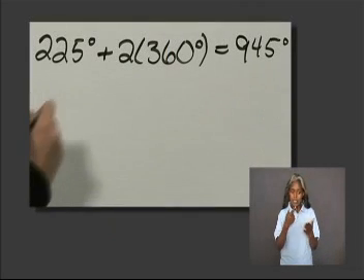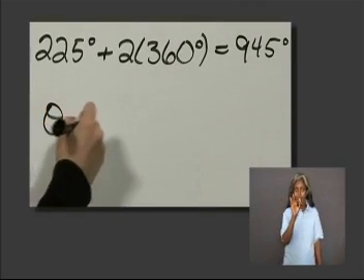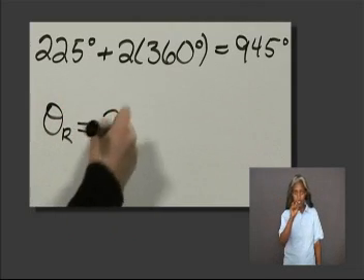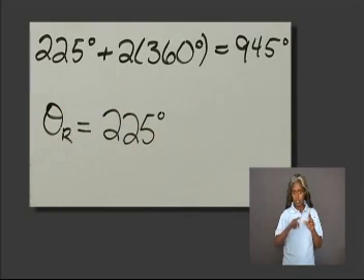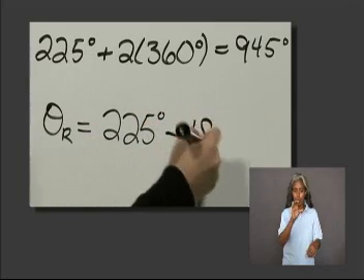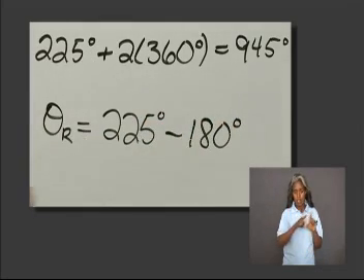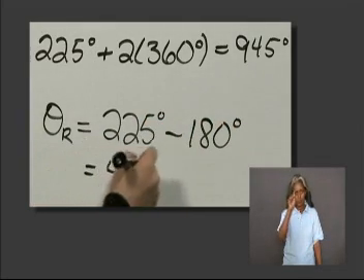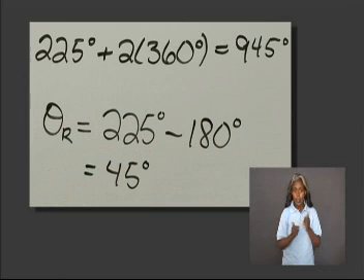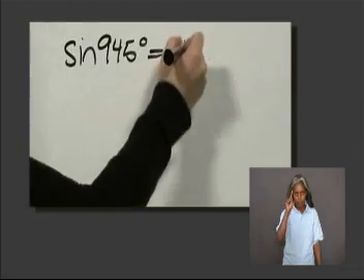In this case, a 945-degree angle has a coterminal angle of 225 degrees, which has a reference angle of 45 degrees.